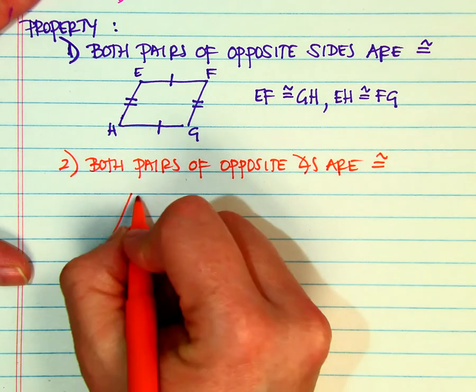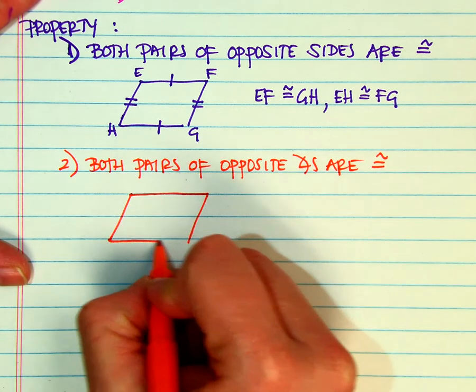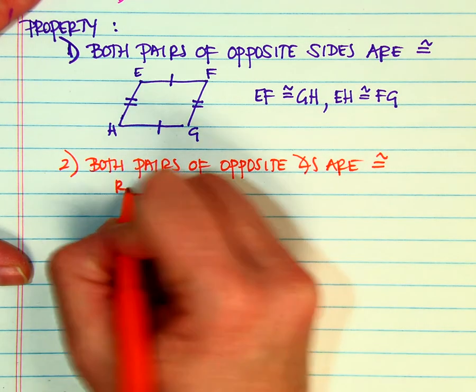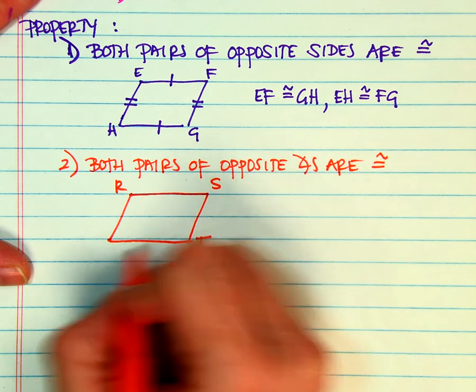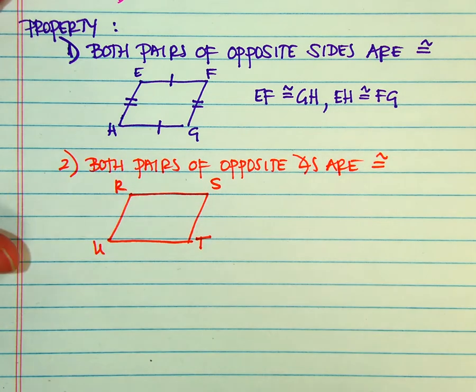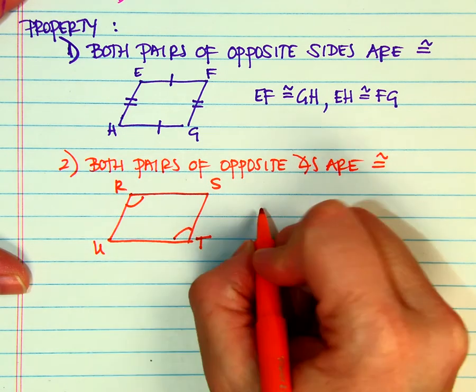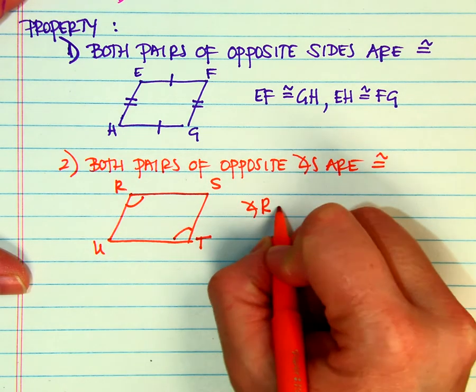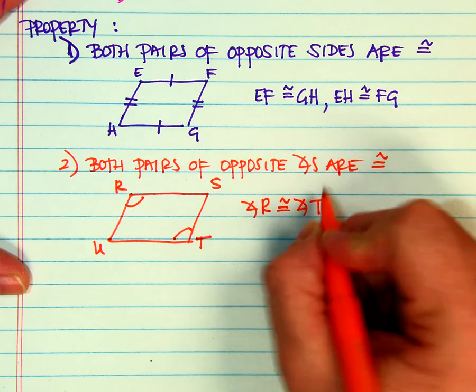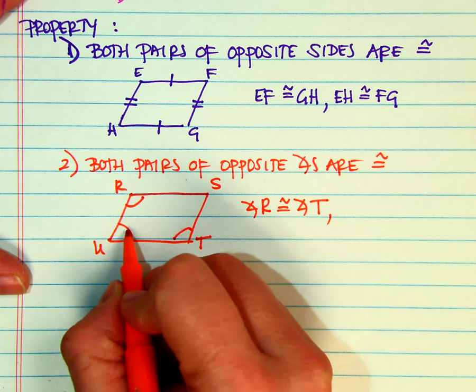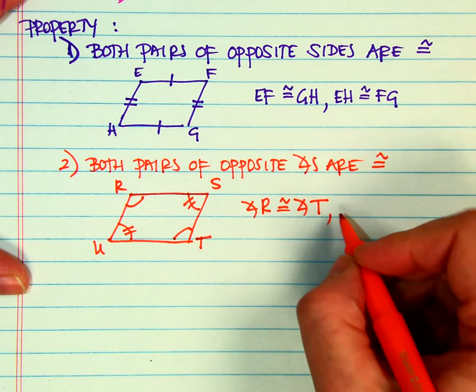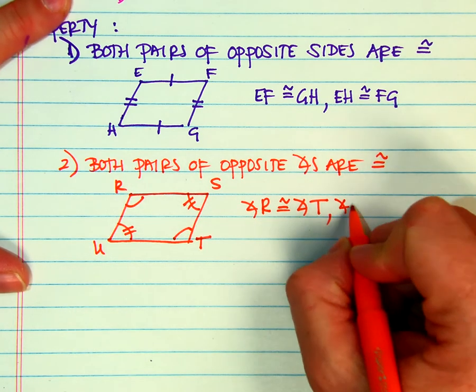So again, if we have a parallelogram, go back to R, S, T, and U. Based off of that property, I know that angle R is congruent to angle T, and I know that angle U is congruent to angle S.